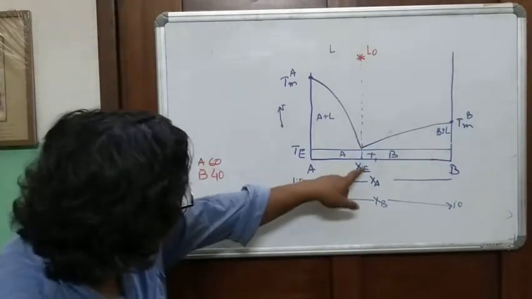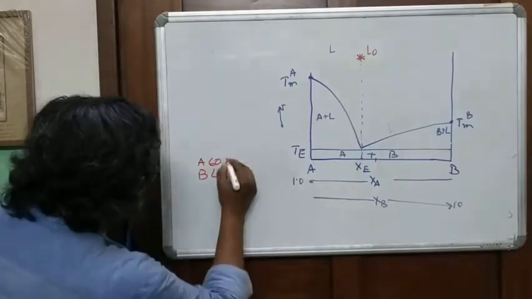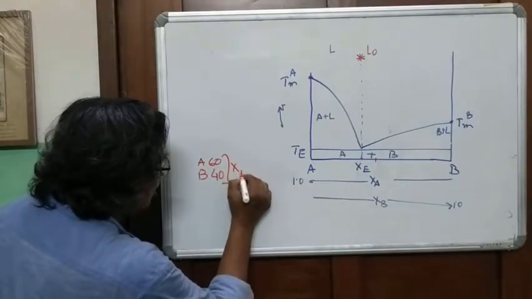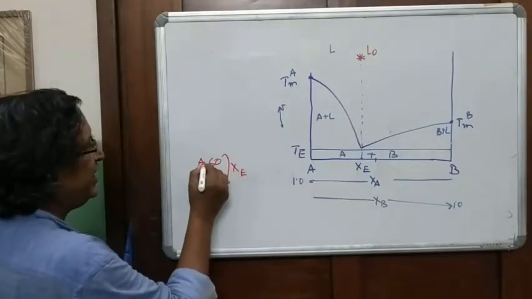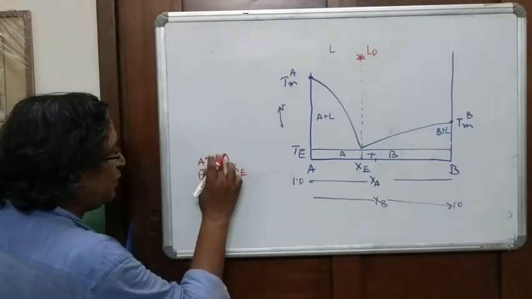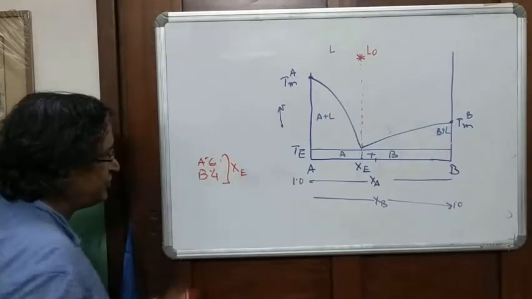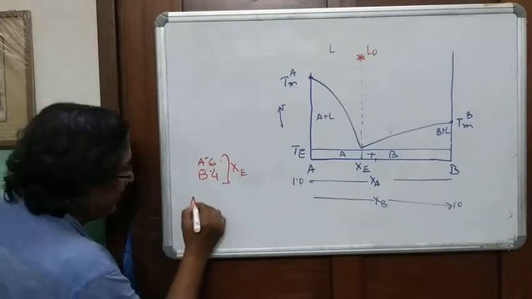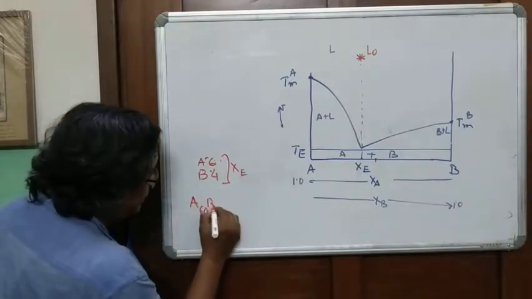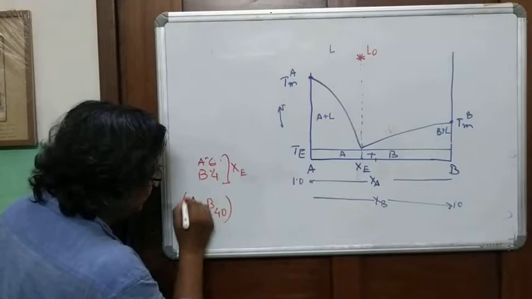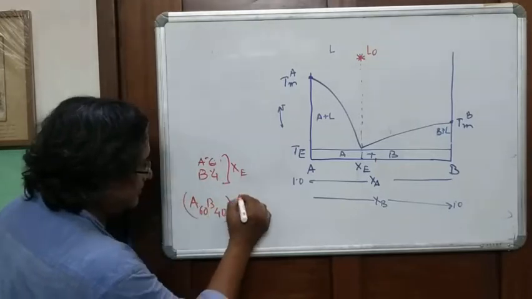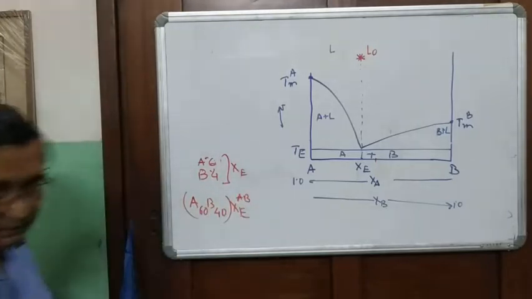This would be the composition of the eutectic. Or you can say A is 0.6 and B is 0.4 if you want. Or you can say A60, B40 as the eutectic composition. This is the eutectic composition for the system AB.